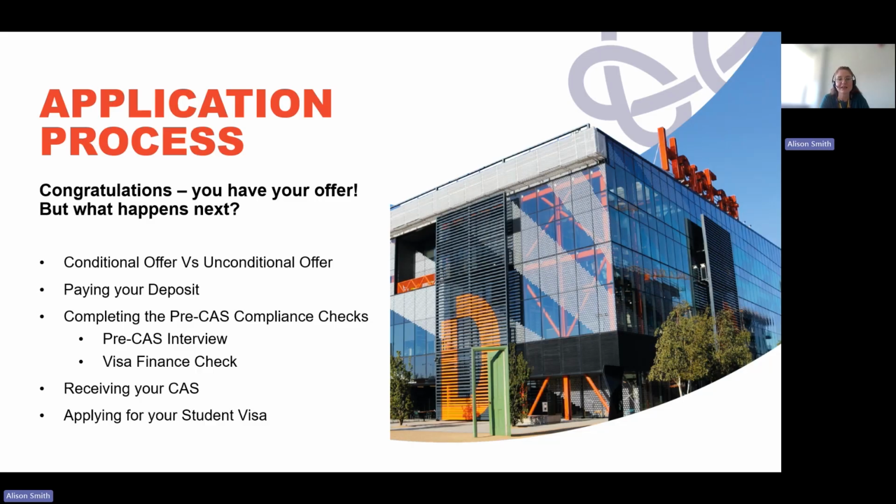You should be able to see what's required. Once you hold your unconditional offer, the next step is to pay your deposit to secure your place. Once your deposit has cleared with us at the university here, that is when the pre-CAS compliance checks process begins.